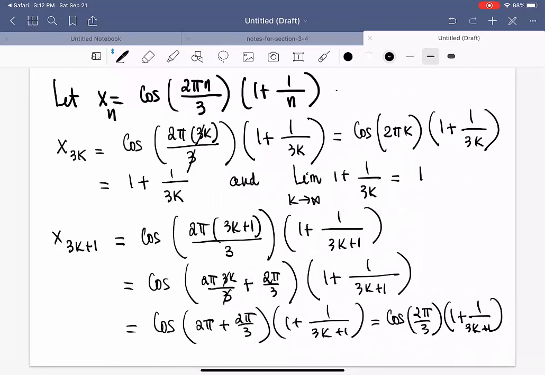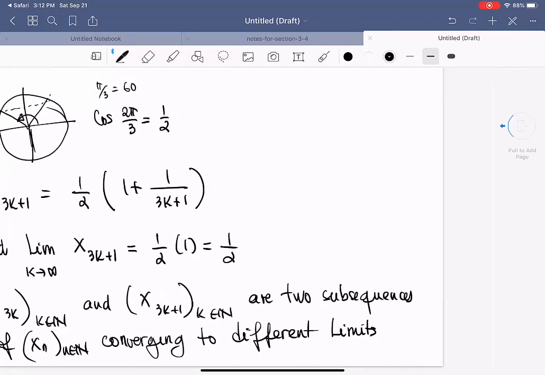Like we saw earlier, one is converging to 1 and the other is converging to 1/2.